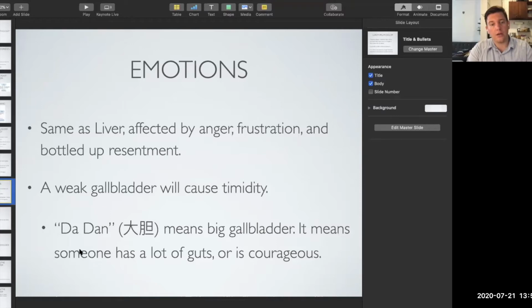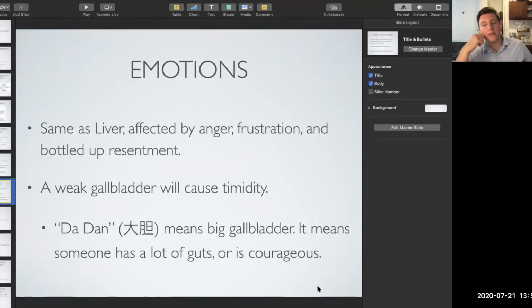So da dan, big gallbladder, is a phrase in Mandarin that means courage or guts. So literally, if someone's courageous, they must have a big gallbladder. Not in a pathological sense, hopefully, not in a take-out-their-gallbladder sort of way.